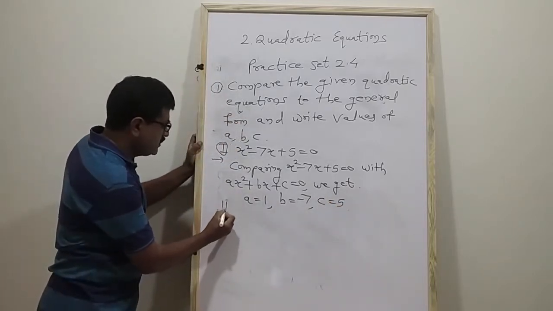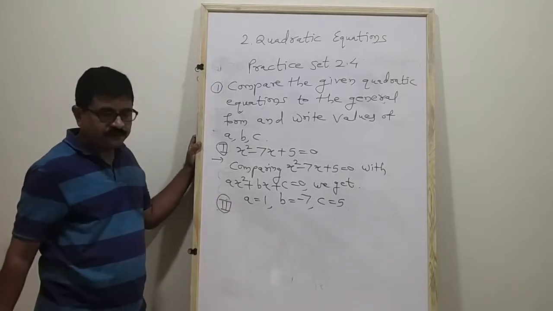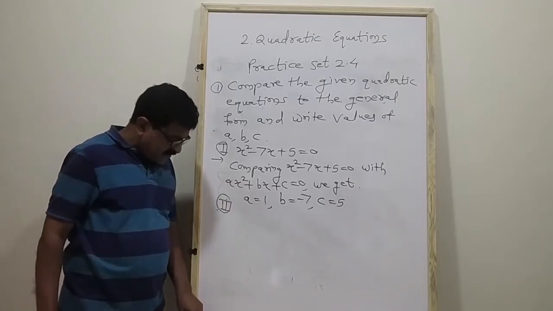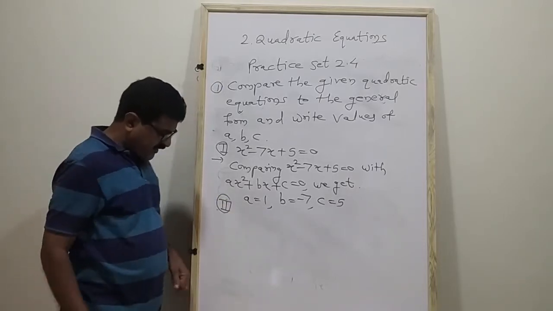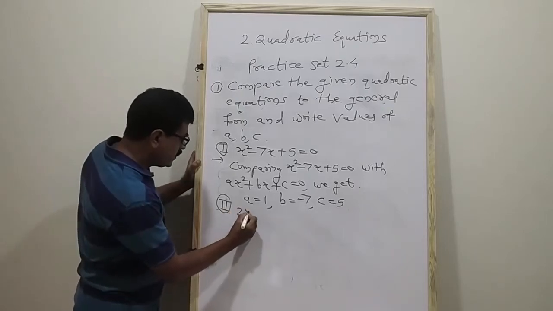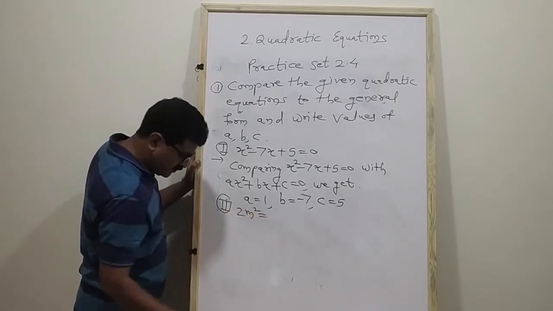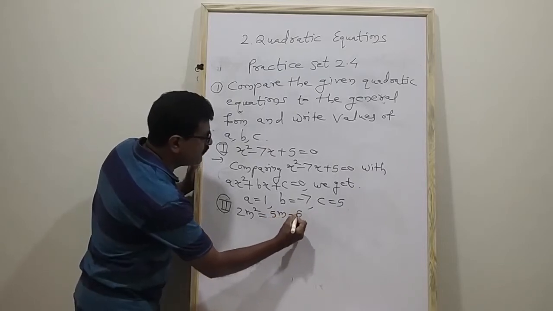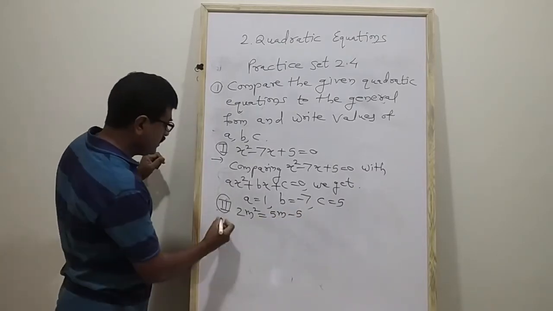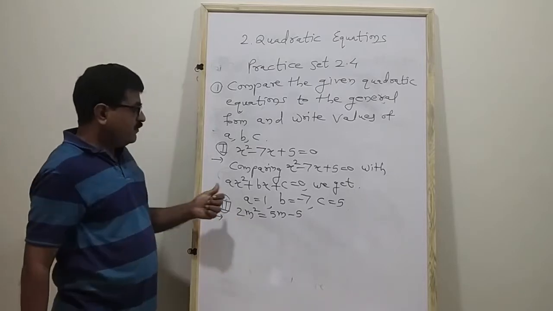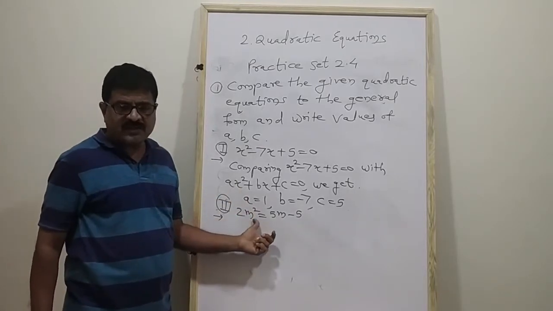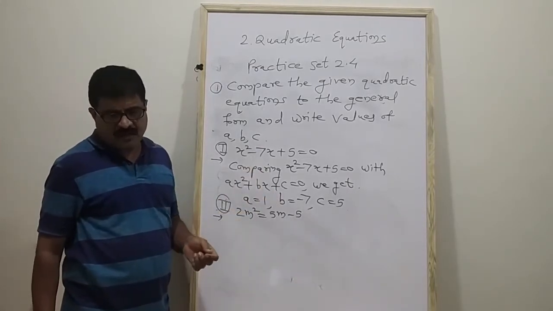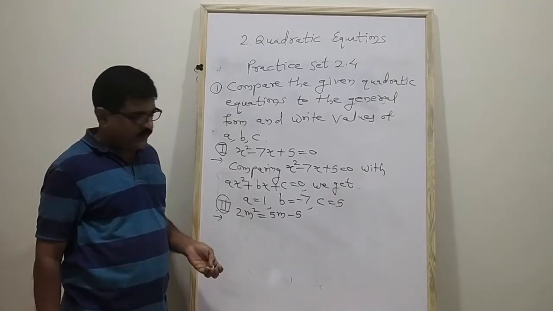This is the first. Number 2. Second example is 2m square is equal to 5m minus 5. Now we have to compare this equation with the general form.